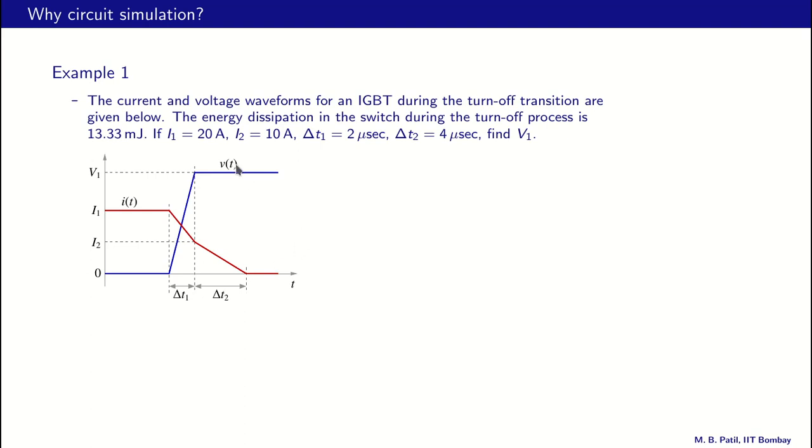In addition, we are told that the energy dissipation in the switch during the turn-off process is some 13.3 millijoules. And given all of that, we are supposed to find V1, this level here.